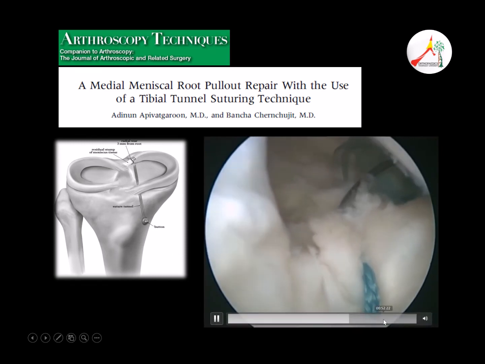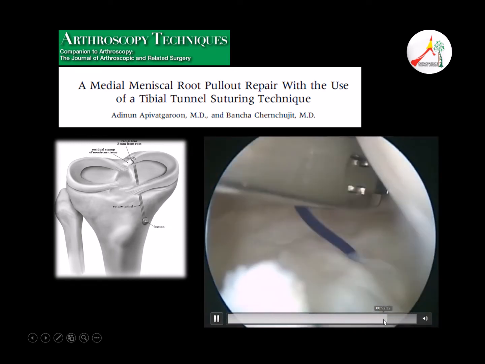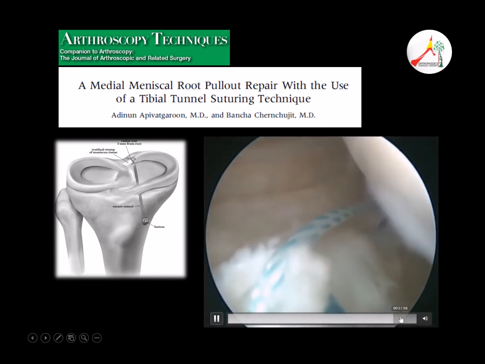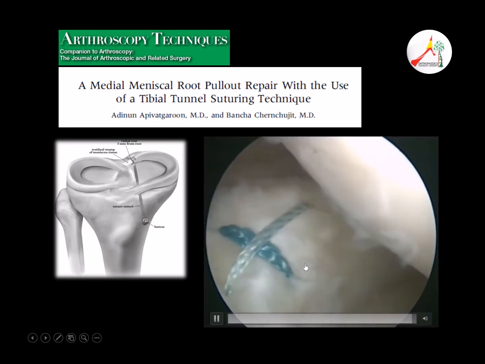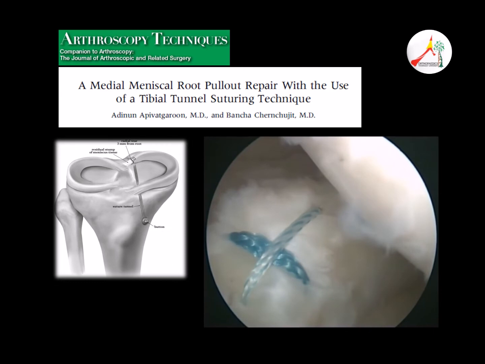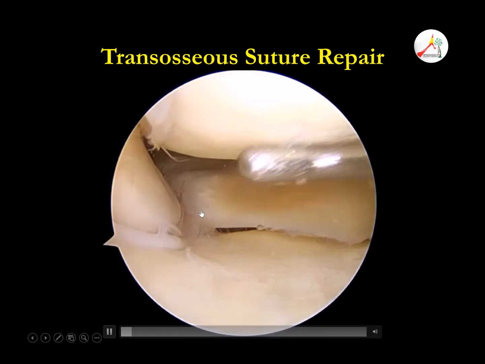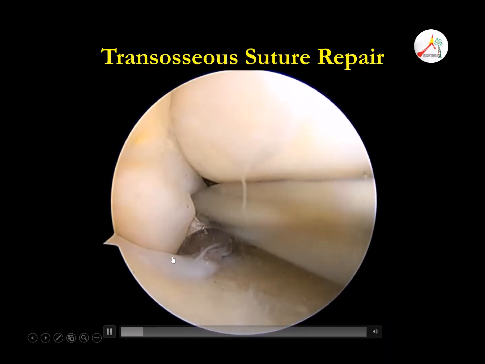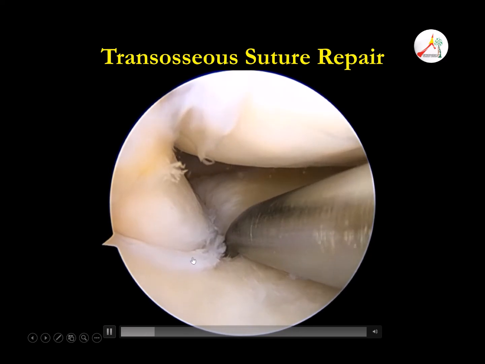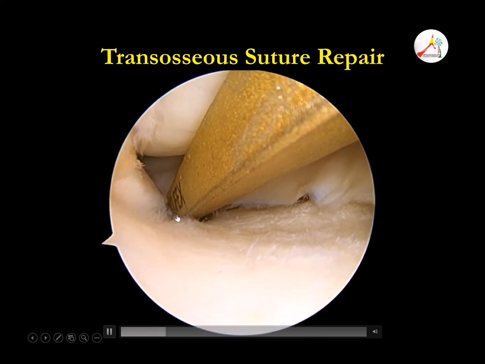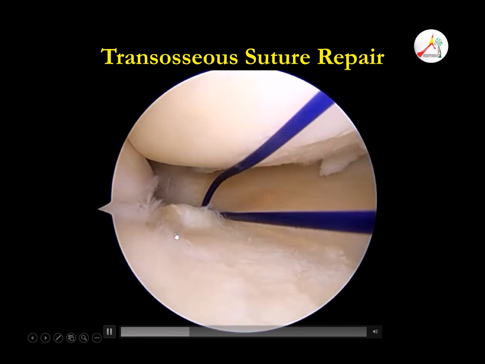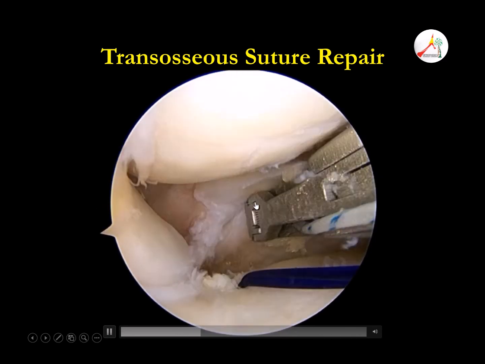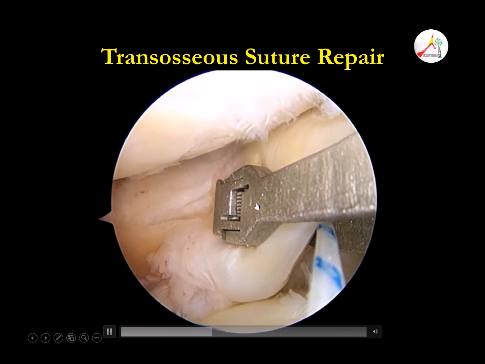And then we make a Mason Allen stitch for the repair. So finally you get this picture. This we call the transtibial tunnel suturing technique. And this is the technique we use nowadays. First you need to make a raw surface on the tibia, this is the PCL. Use an aiming device, do the tunnel, pass the suture in, we can use a suture passer.